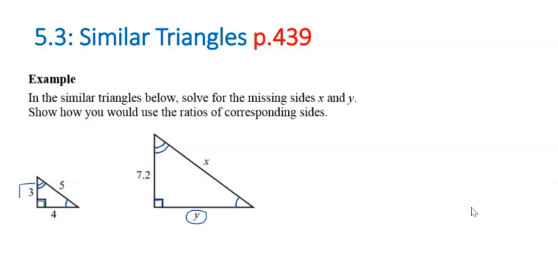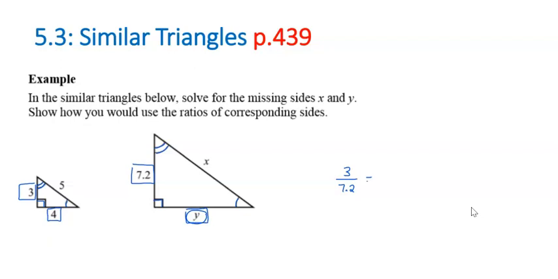I'm going to take the sides that I know, 3 and 7.2, and put those over each other. It doesn't matter the order that you do this; what matters is consistency. So I'm going to do my small triangle's length over my larger triangle's length, and then I will do the same thing for the 4 and the y.